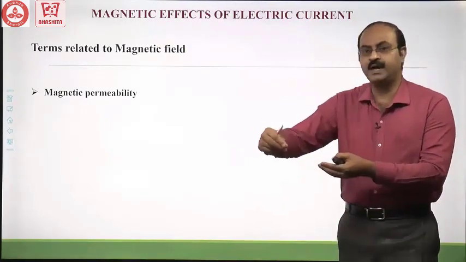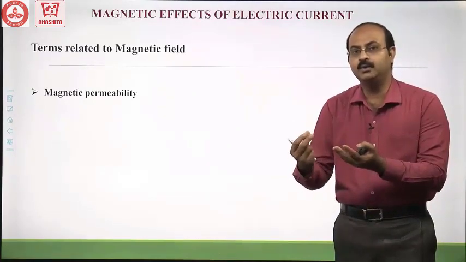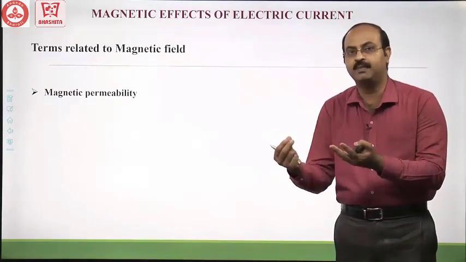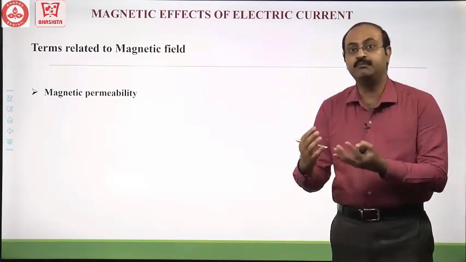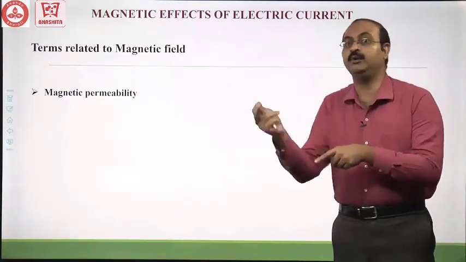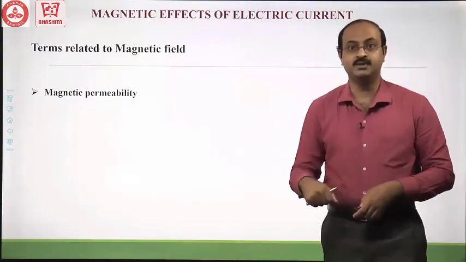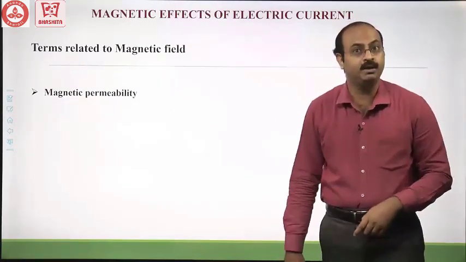For example, if you put iron filings on a paper and put a magnet below it, you can observe that as you move the bar magnet or any other magnet, the iron filings also move. That means the paper is allowing the magnetic lines of force of the magnet to interact with the iron filings. That allowing nature is what we call magnetic permeability.